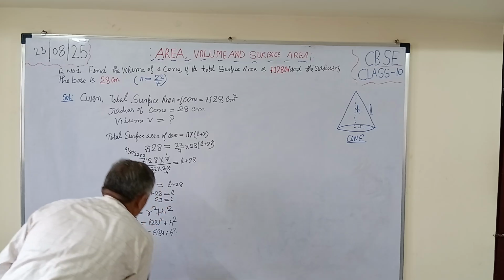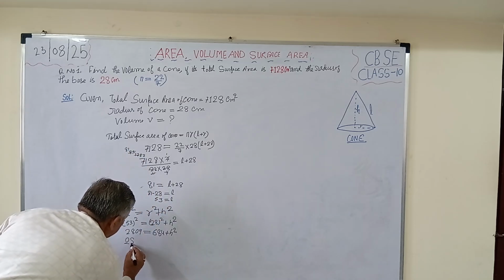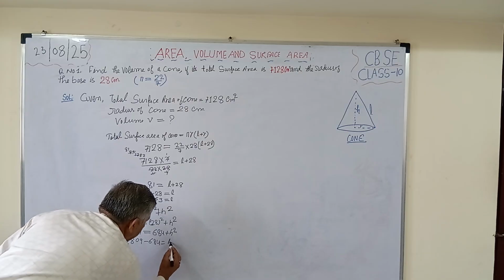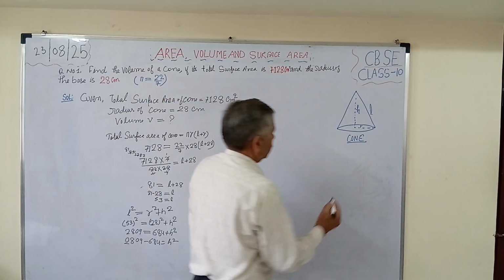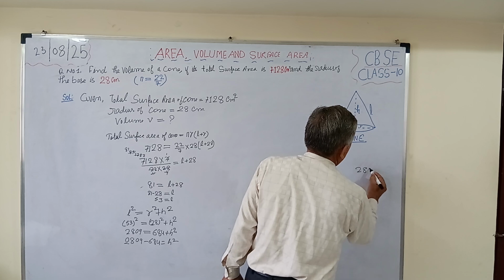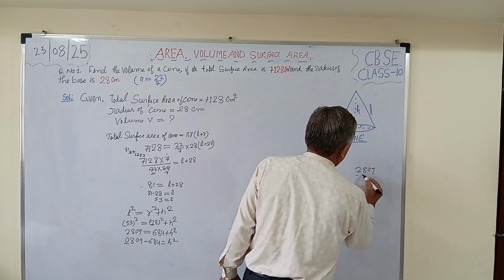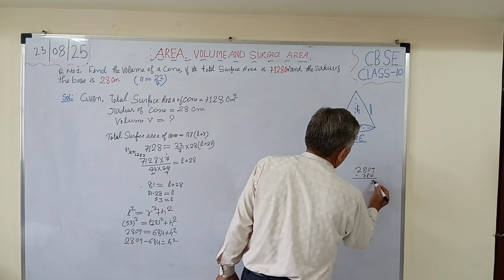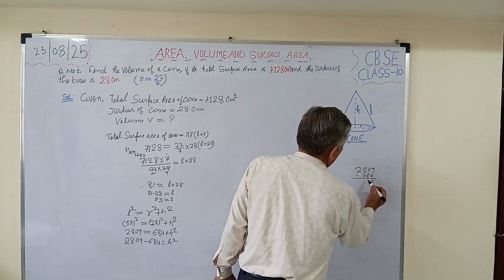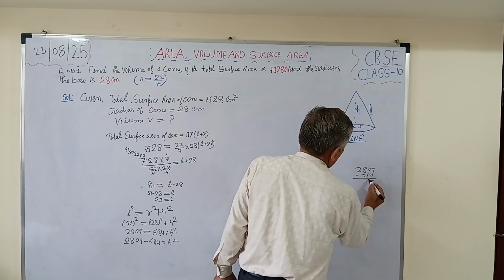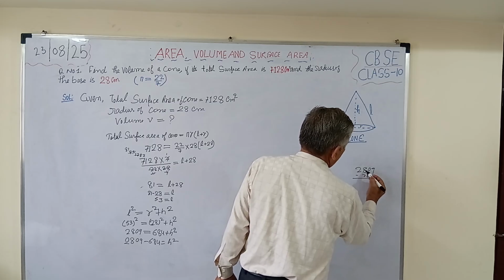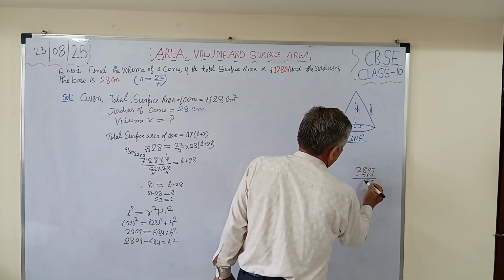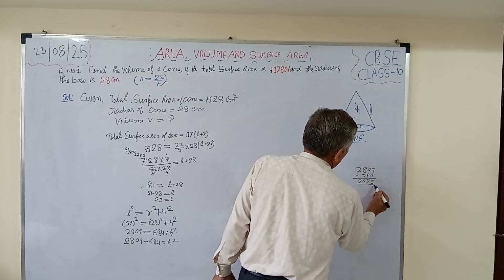Plus H square, or 2809 minus 784 will be H square. So 2809 minus 784 will be 9 minus 4 is 5, 0 8, so this is 10 minus 2, 2025.